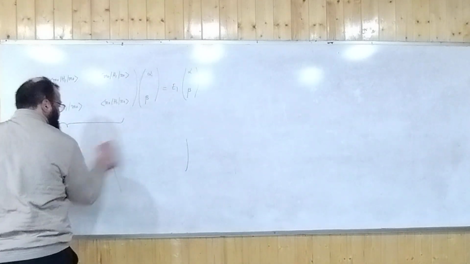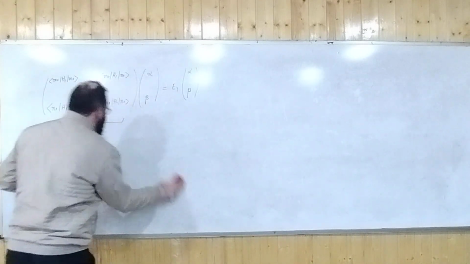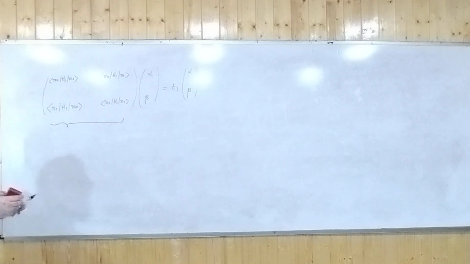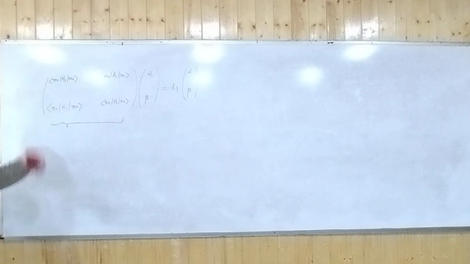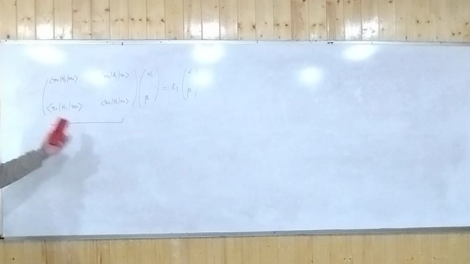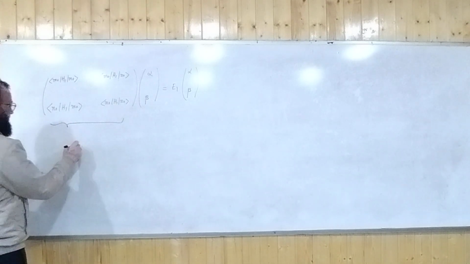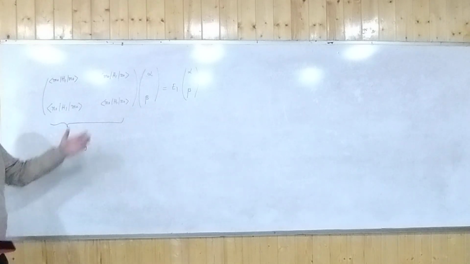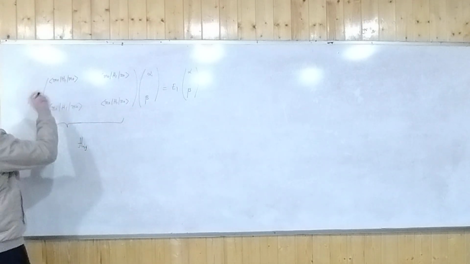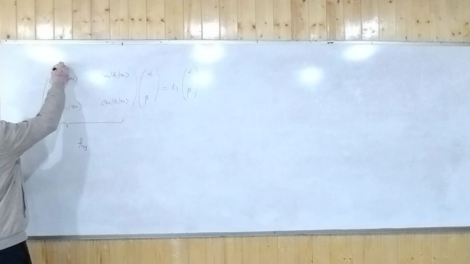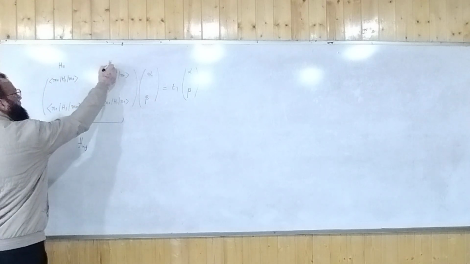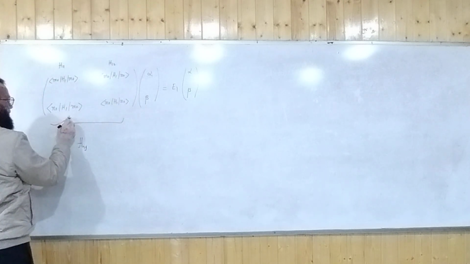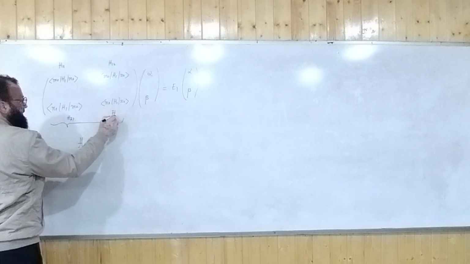So we'll take an explicit example, then you'll understand it. Let's diagonalize it. Let's call this matrix Hij. So what are the elements? This is H11, this is H12, this is H21, and this is H22.